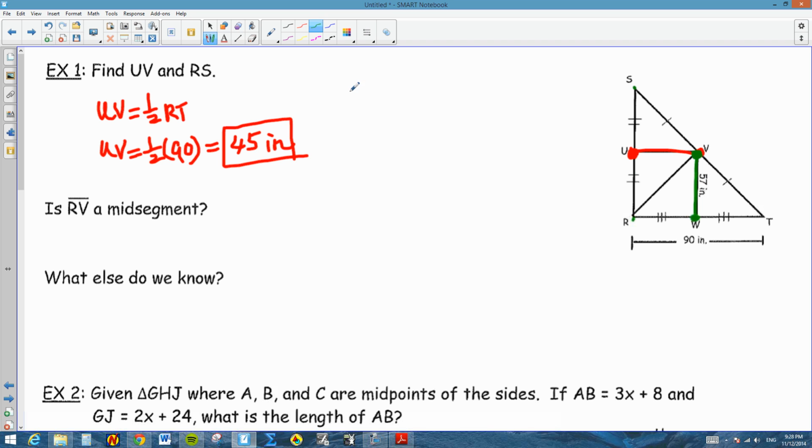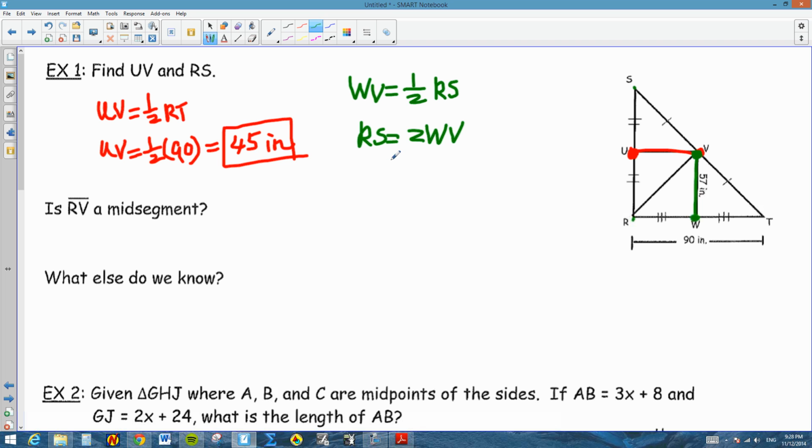So you have that WV will equal 1/2 of RS. Since you are given WV, you can say my RS is equal to 2 times WV.